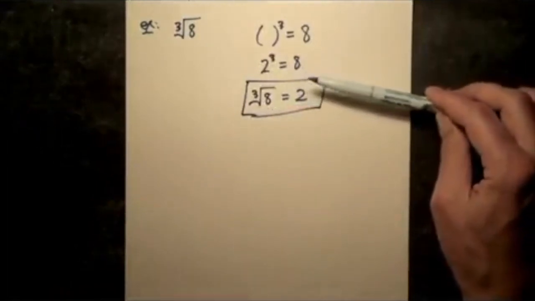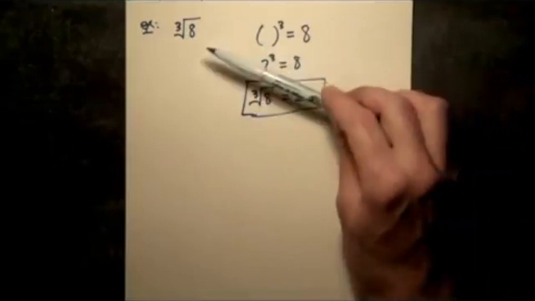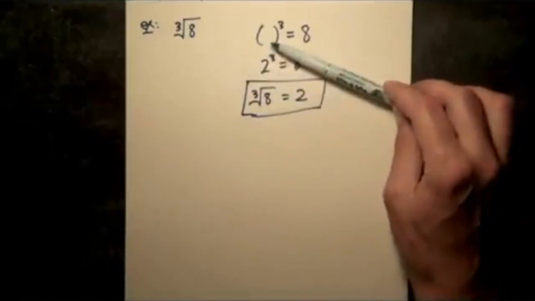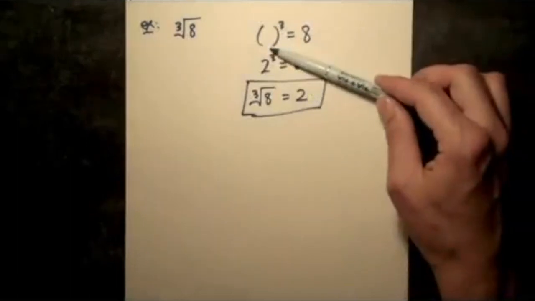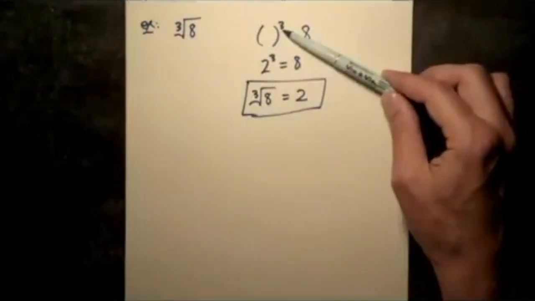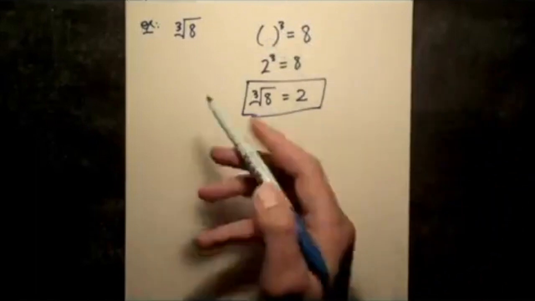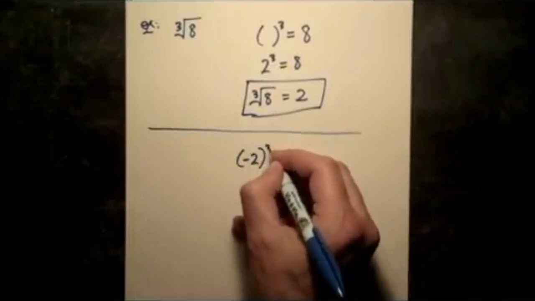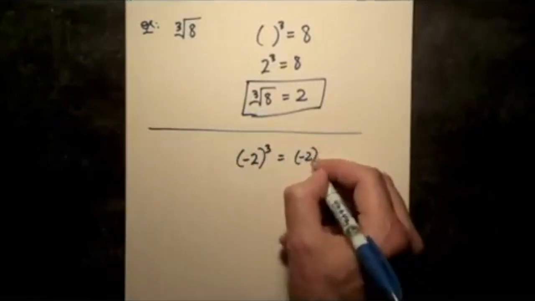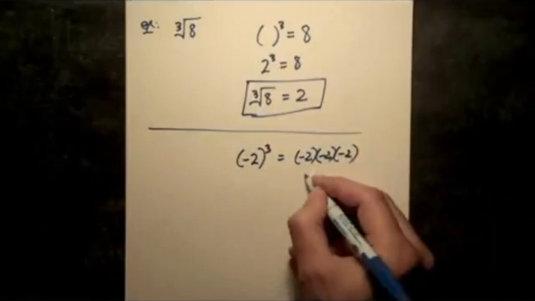Now, we should ask the same question we asked for square roots, which is, is this a well-defined operation? Is there only one number that's going to work here? The answer was no for square roots. But for cube roots, if you tried a negative 2 in here, negative 2 times negative 2 times negative 2, the first pair would give you a positive 4.